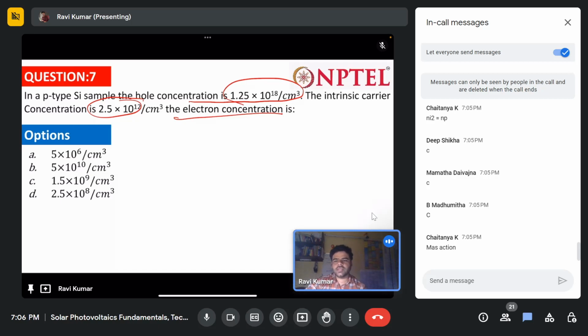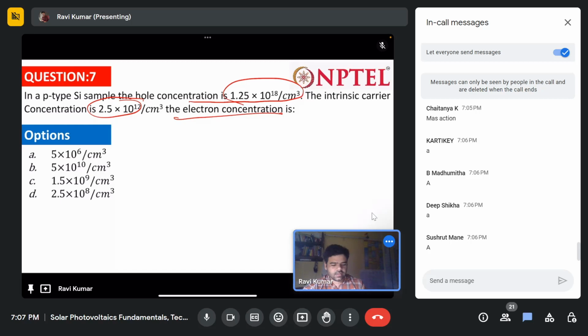A, B, C or D? A. Kartik A. B. Madhumita A. Deepsika is saying A. Susrost Mane is also A. It's very simple.